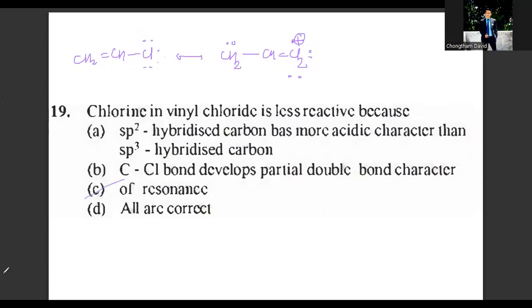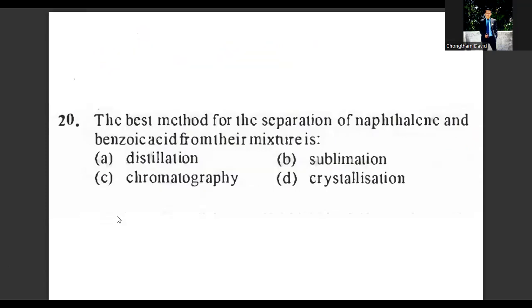Okay. Question number 20. The best method for the separation of naphthalene and benzoic acid from their mixture is. See, among the given compounds, naphthalene is volatile, but benzoic acid is non-volatile because it forms a dimer through dimerization. So the best method for their separation may be sublimation. Okay, so which is more applicable? Let us see.